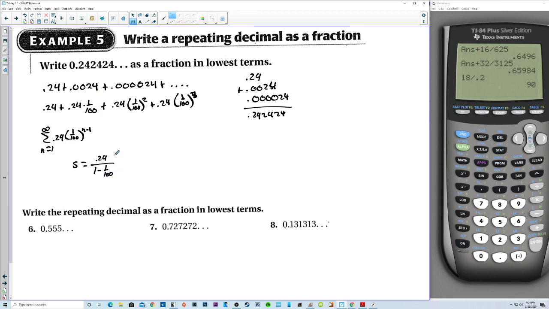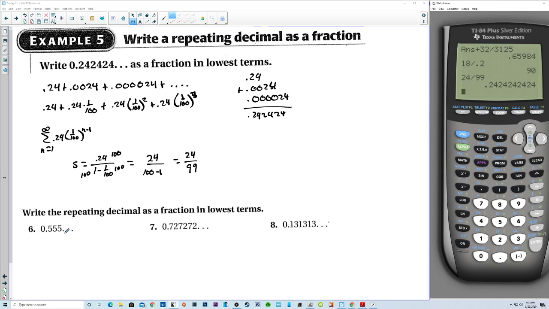Now we can multiply everything by 100, and that gets us 24 over 100 minus 1, which is 24 over 99. Now, if we take 24 divided by 99, we get 0.24242424, keep on going.